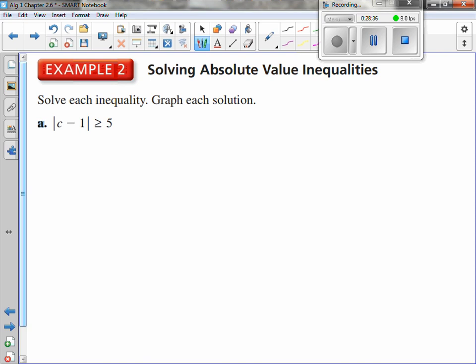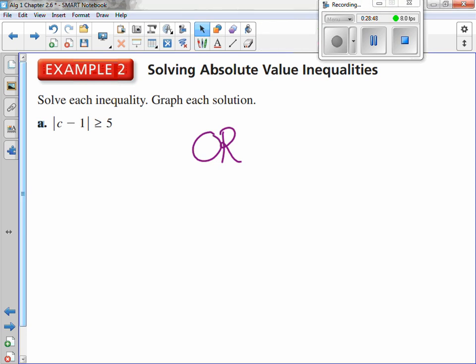So the first thing we need to determine is: is it an and statement or an or statement? It's greater than, so this here is an or. Because we have greater than 5. So the first case, we drop the absolute value and keep the sign the same.